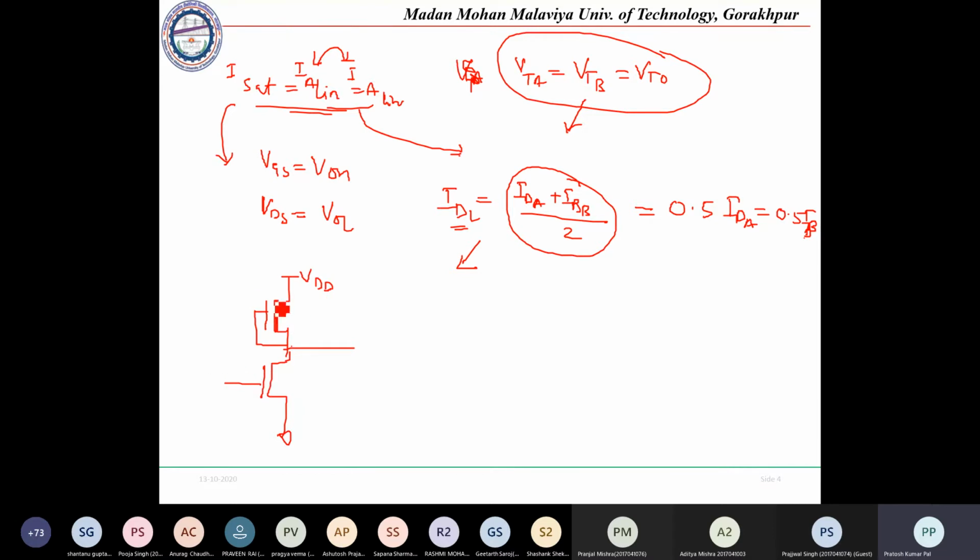In the equivalent inverter, we call it either K equivalent or W by L equivalent. In this case, the K equivalent will come out to be 0.5 times that of the driver transistor, either A or B.